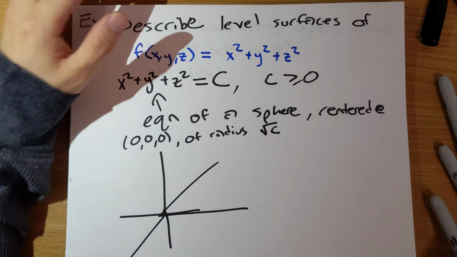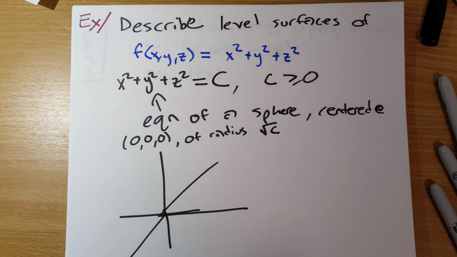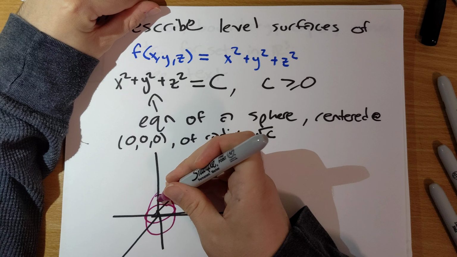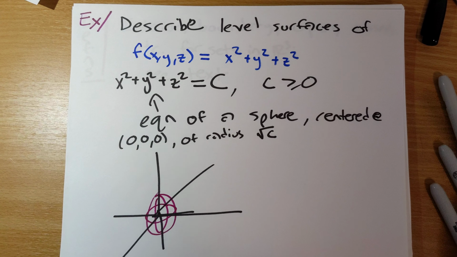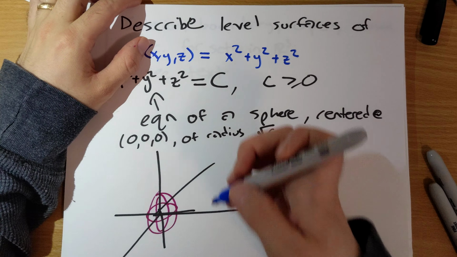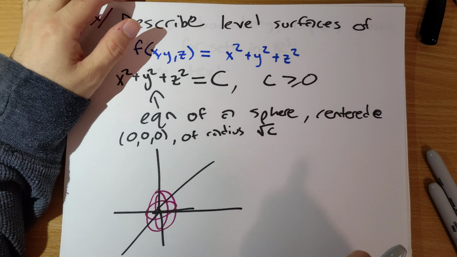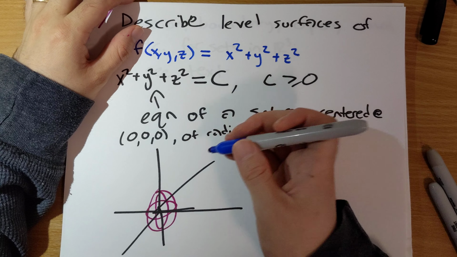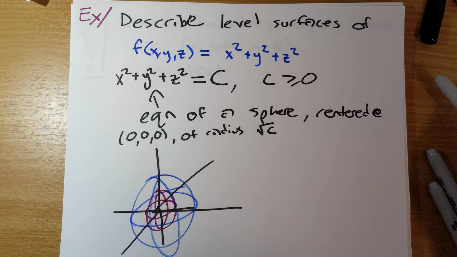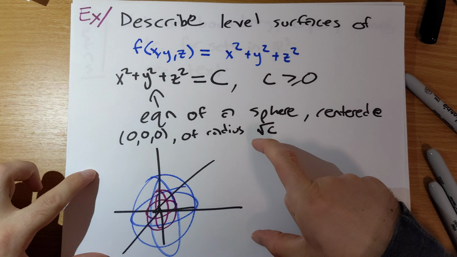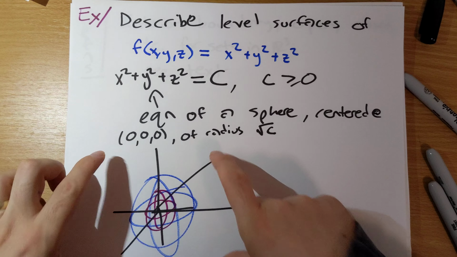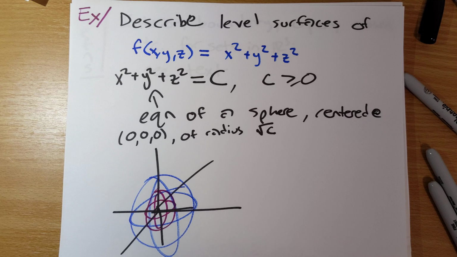If I draw some axes, if we have c is equal to 1, we have this sphere. If c is equal to 4, the radius is the square root of 4, which is 2. We have a bigger sphere, and then if c is 9, there would be a third one here with radius 3.